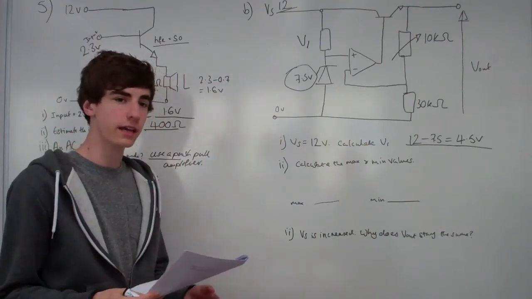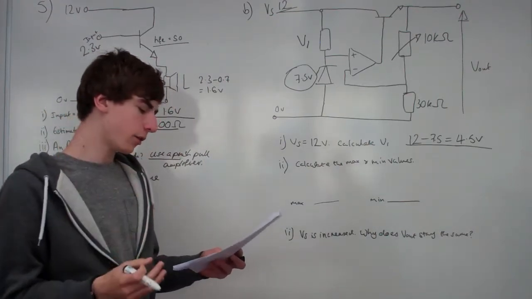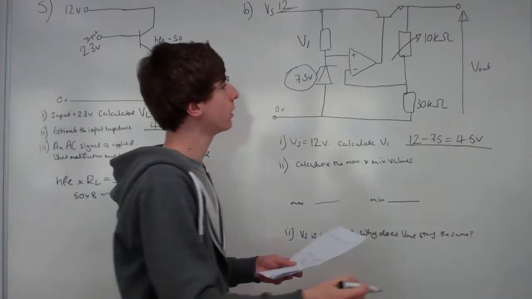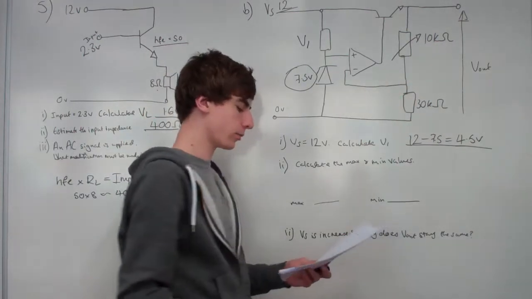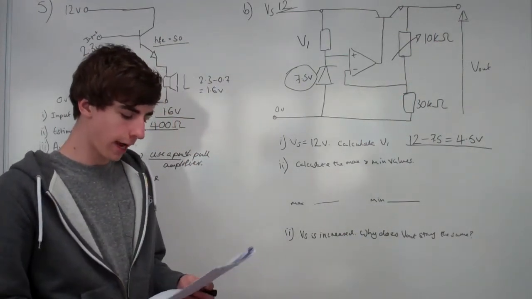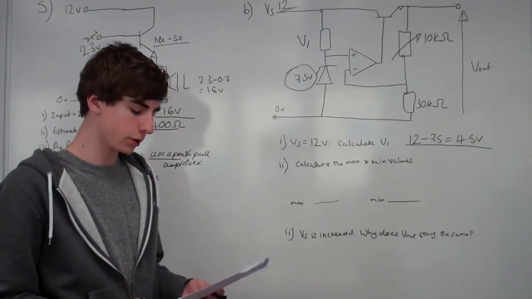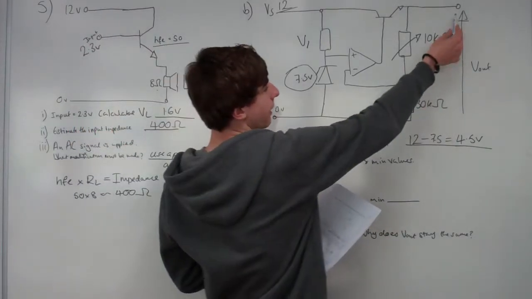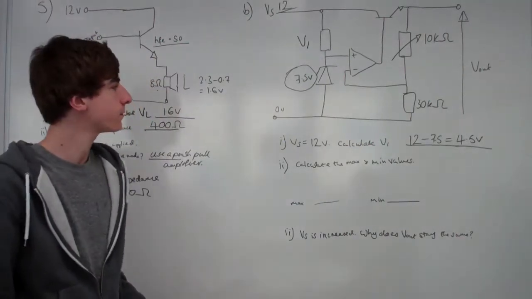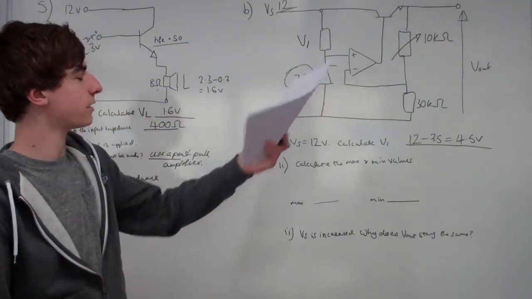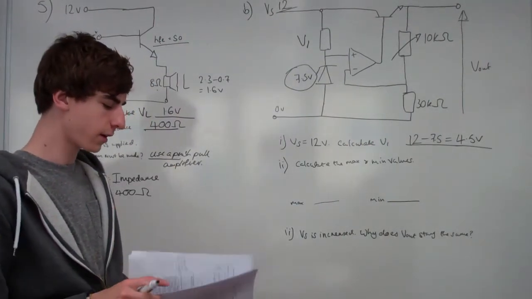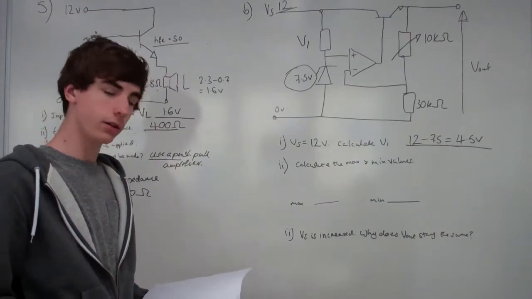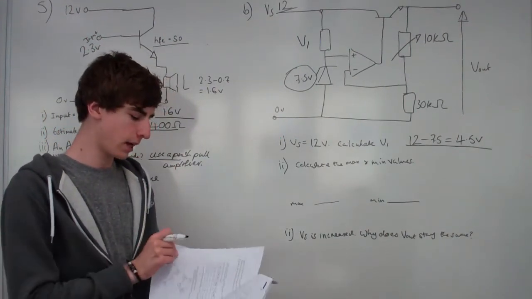Now, it then says the output voltage Vout can be changed by adjusting the 10 kilo ohm variable resistor. Calculate the maximum and minimum possible values of Vout, that's here, using this arrangement. Now, we see this is a Zener diode, and in the front of the paper, you're given a few formulae to help you out.